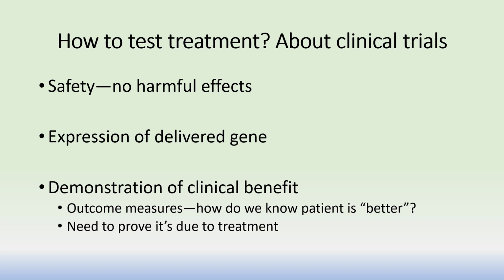What tests are you going to do to demonstrate that the person is actually getting better, or at least not getting worse, like they normally would without treatment? And then you always do this in a blinded way, so that neither the person knows whether they've gotten the real treatment or a sham, and neither does the person evaluating them.